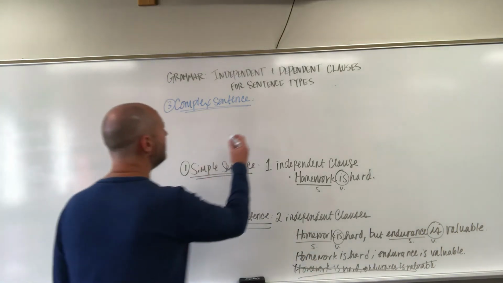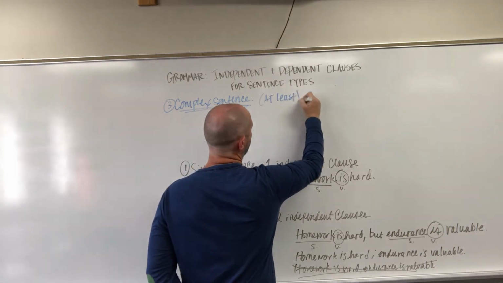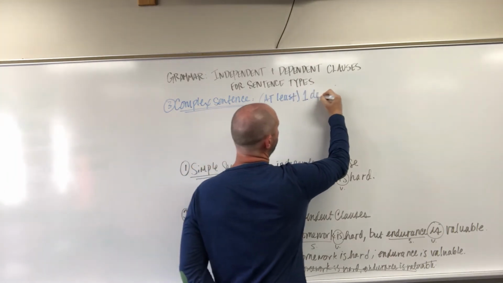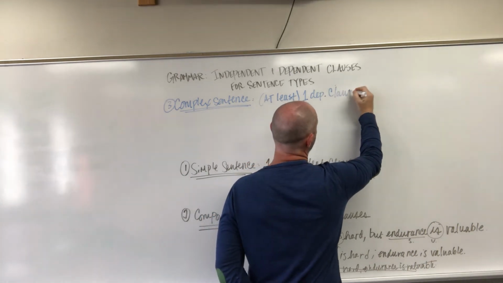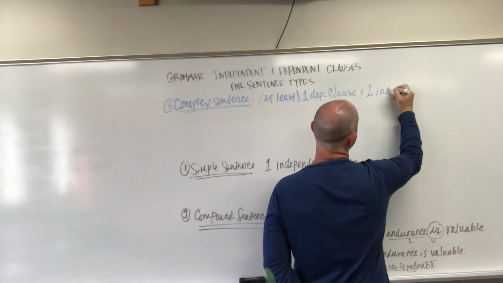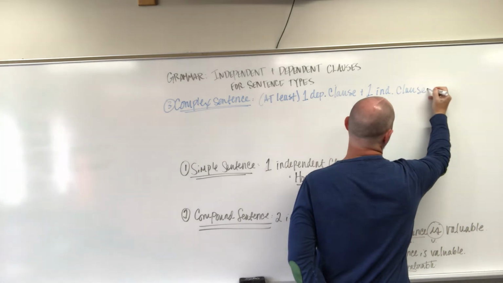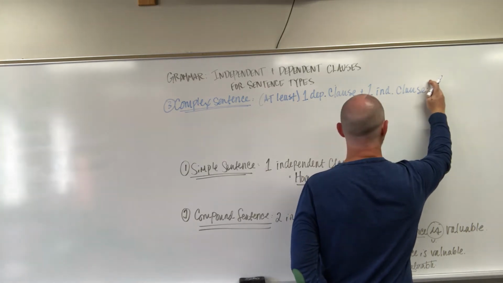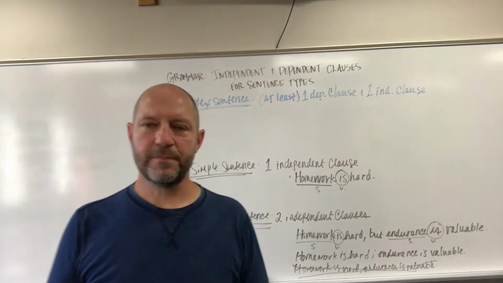So a complex sentence is at least one dependent clause and one independent clause. It's one of each.